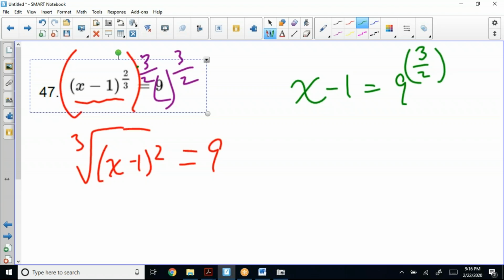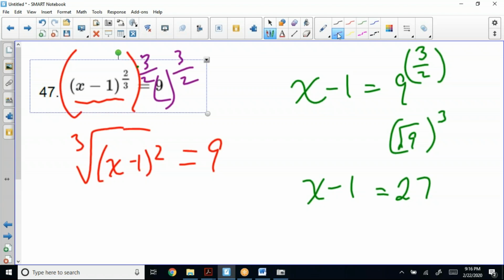So if you remember how we rewrote this, it was square root of 9 cubed. So that would be 3 cubed, which would be 27. X minus 1 equals that. And that would be plus 1. So x equals 28. So, all right.